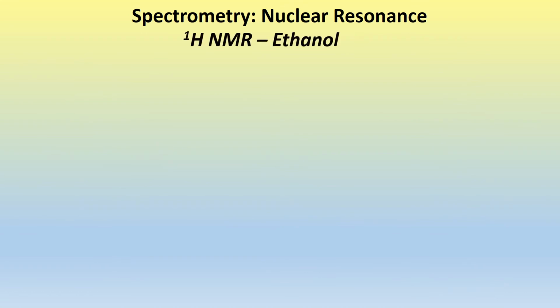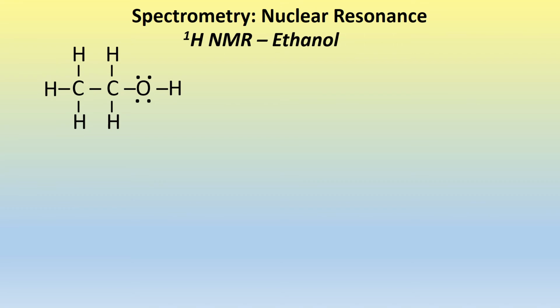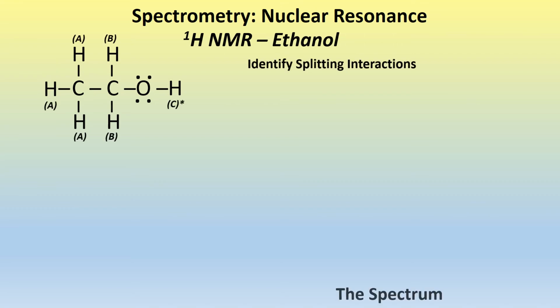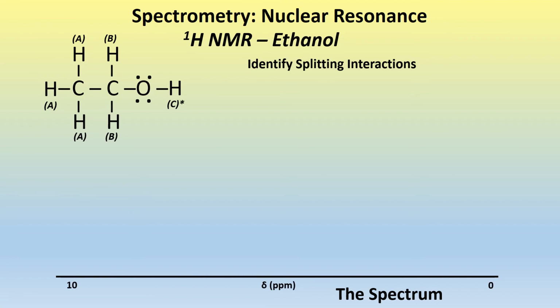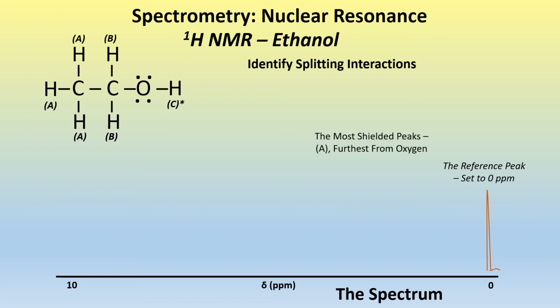So let us return to the simple proton NMR of ethanol, CH3CH2OH, and identify the splitting interactions. As the NMR is taken, the reference peak is still set to 0. However, the most shielded peak, the furthest downfield A, the furthest from the oxygen, is next to 2 B protons.